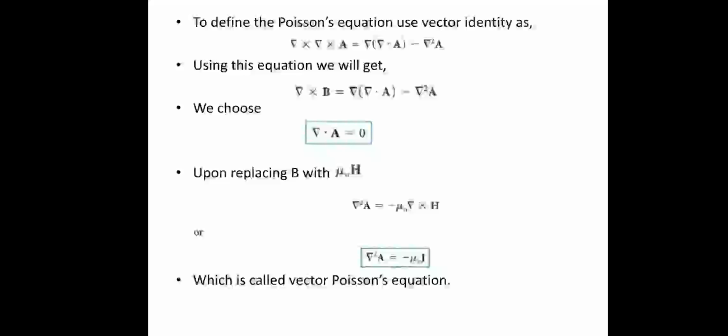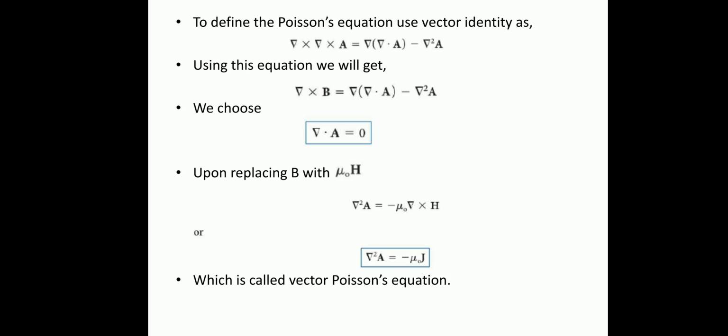Then we can replace del cross A as B, because our relation is B is equal to del cross A. So you get del cross B is equal to del into del dot A minus del square A. We select del dot A equal to 0.